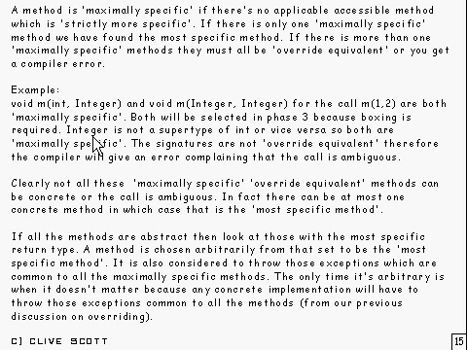Now, Integer is not a supertype or a subtype of int, so they're quite different. So they both end up being maximally specific. One is not strictly more specific than the other, either way. However, the signatures are not override equivalent, and therefore the compiler will give an error complaining that the call is ambiguous.